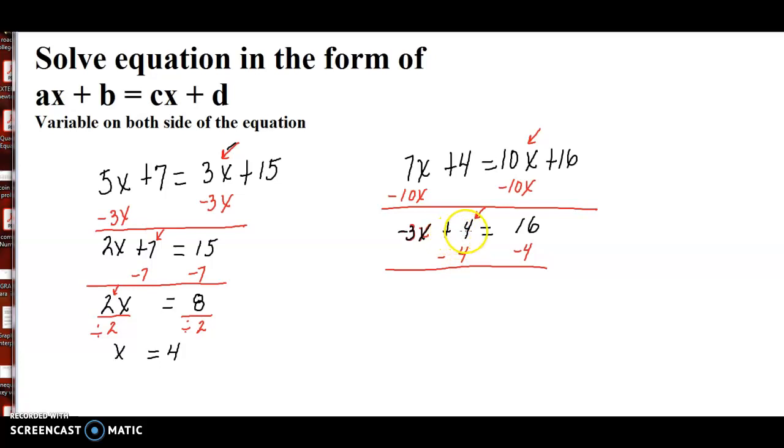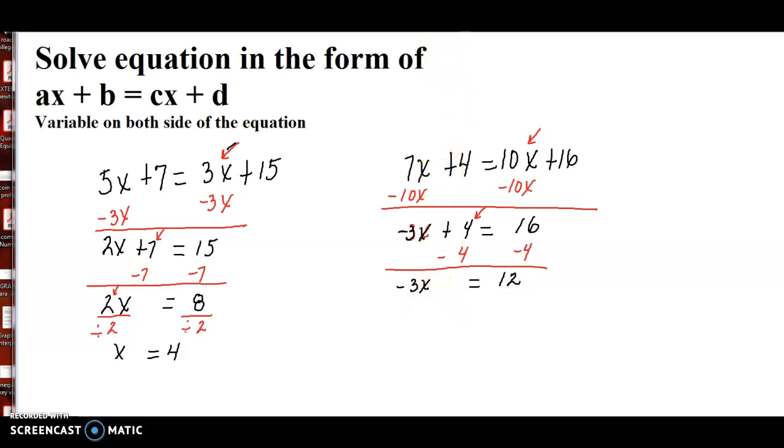Because that was a plus 4, and therefore I have to subtract 4. Now, what do I have left? I have my minus 3x left on the left-hand side of the equation, and I have 12 on the right-hand side.